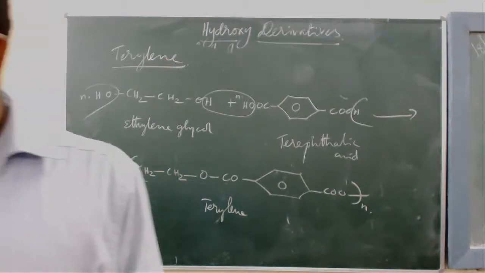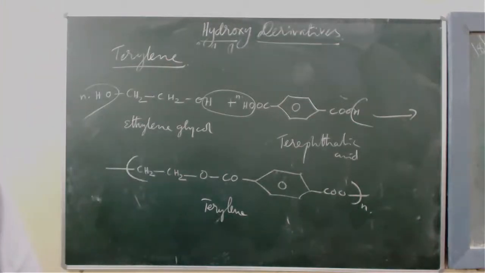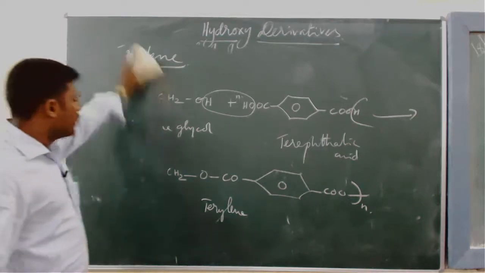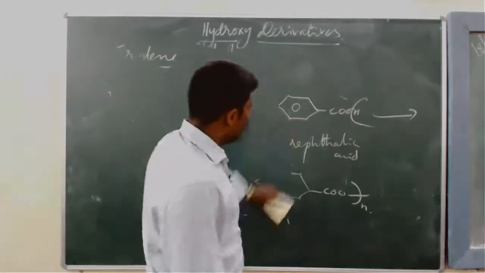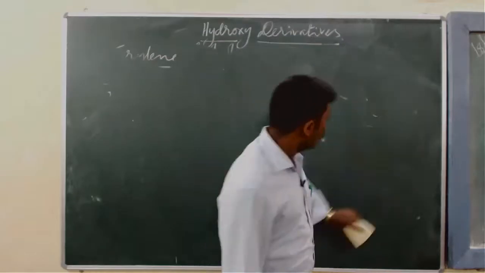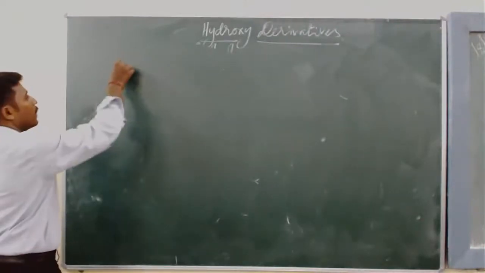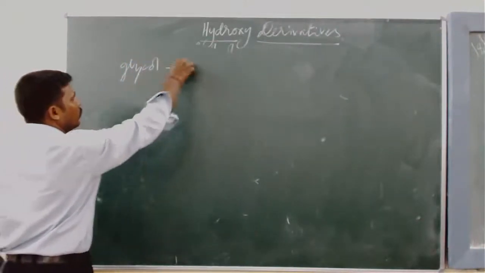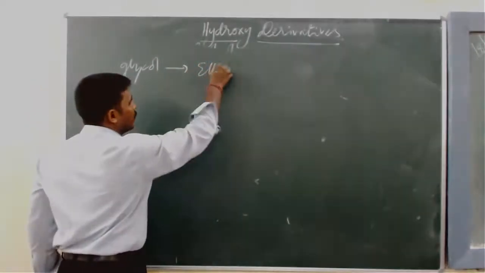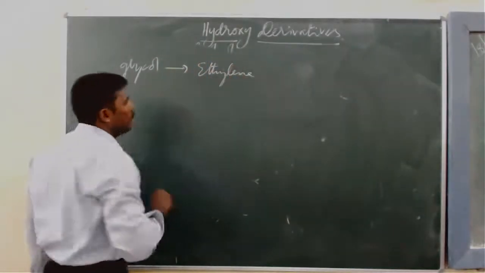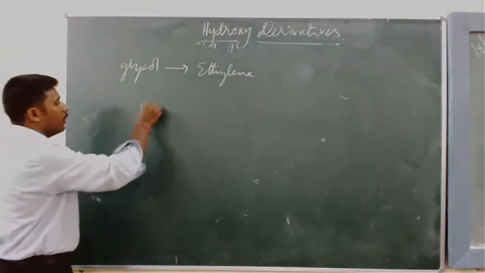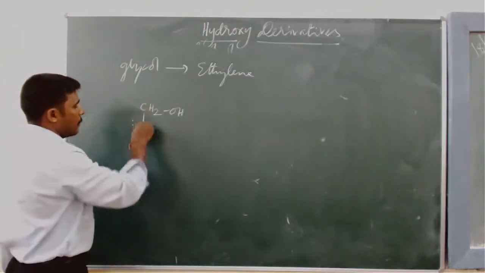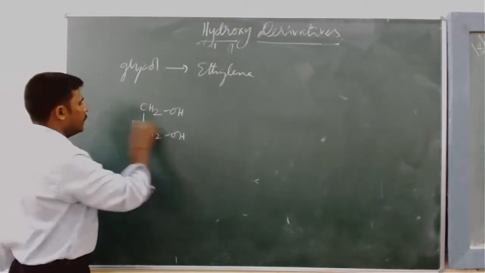Next question. How to prepare ethylene from ethylene glycol? You know the formula for ethylene glycol: CH2OH-CH2OH.